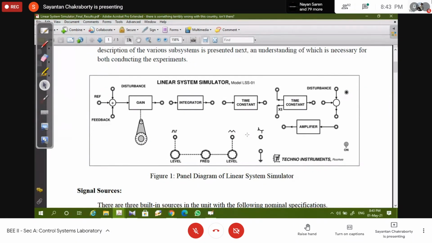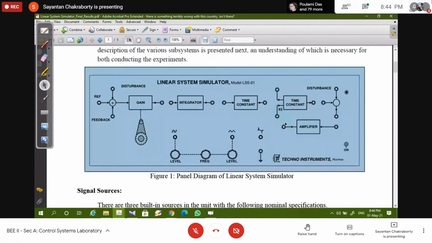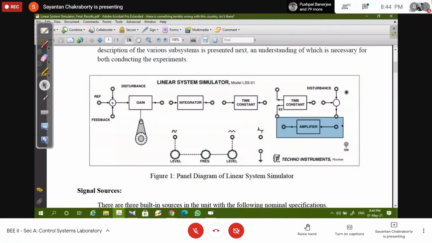This is a layout where the different systems that we have are an integrator and two time constants. The second time constant has a provision of input multiplier 5. Then we have an amplifier for the feedback path, and we have 3 signal sources.